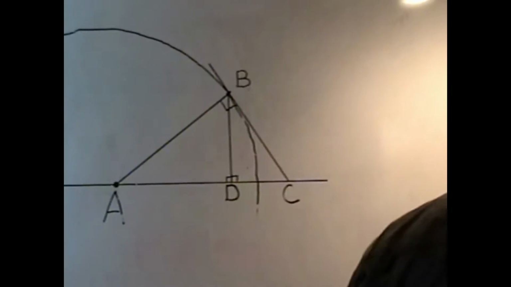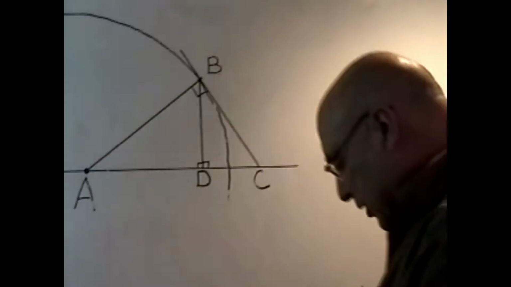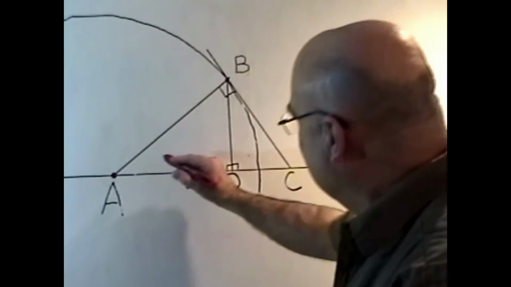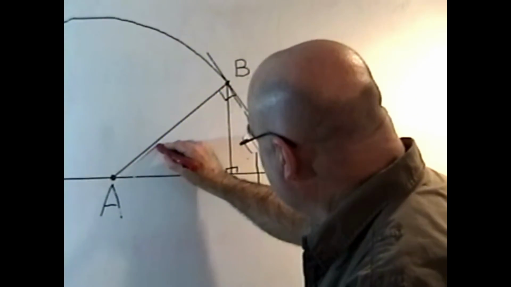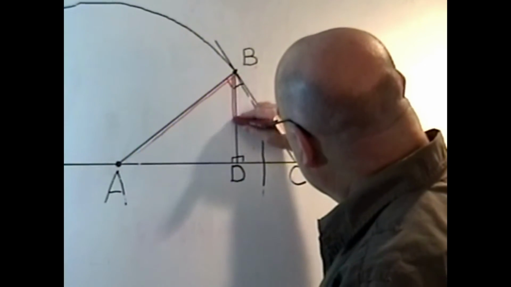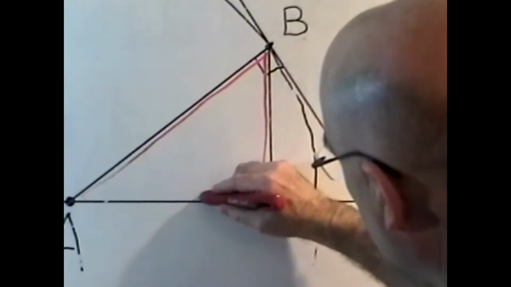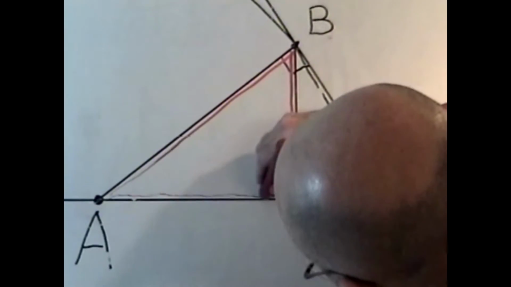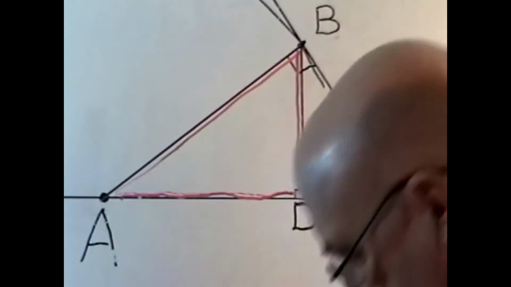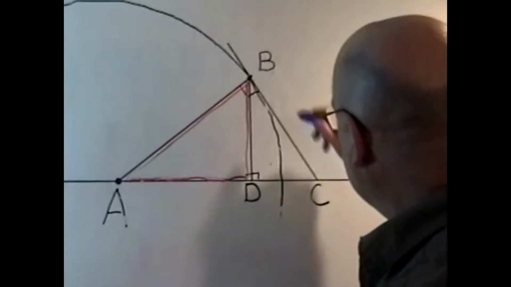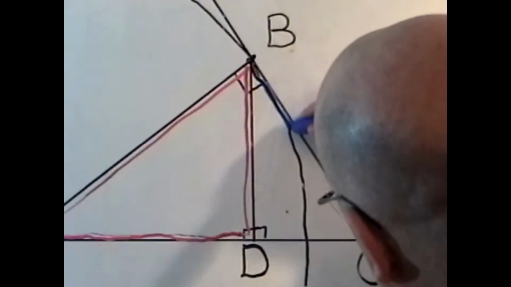And we have two triangles that we'll be discussing with the same shape. One of them is ABD. Let me just outline that in red. And the other right triangle with the same shape is BCD.